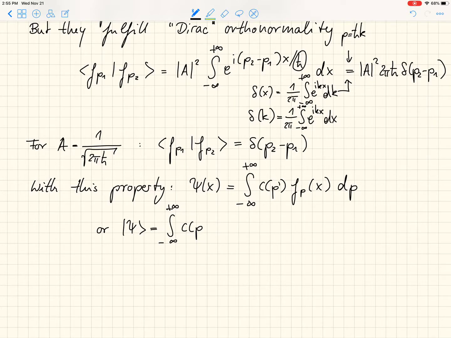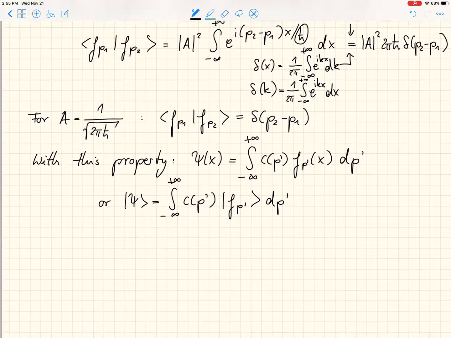And let's put a dash here just to keep things clean in a moment. We can decompose any quantum state psi in terms of the momentum eigenstates.